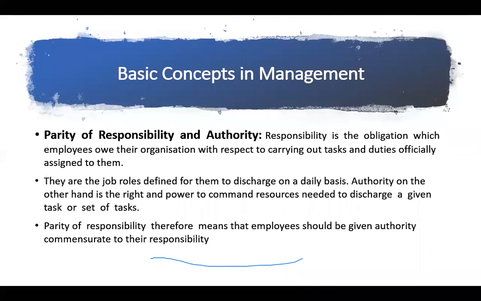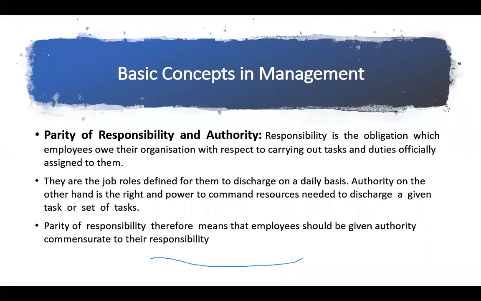Okay, so parity of responsibility and authority means that for whatever responsibility you are duly assigned in an organization, you must have commensurate authority over the assets or resources of the organization. If there is disparity between responsibility and authority, you will see the implication immediately. Let me start where you have more responsibility than authority. But before then, let me explain.